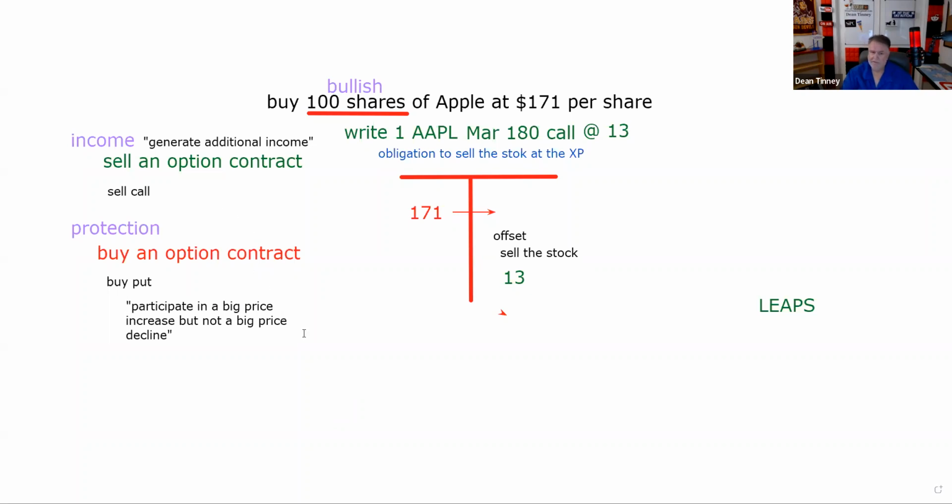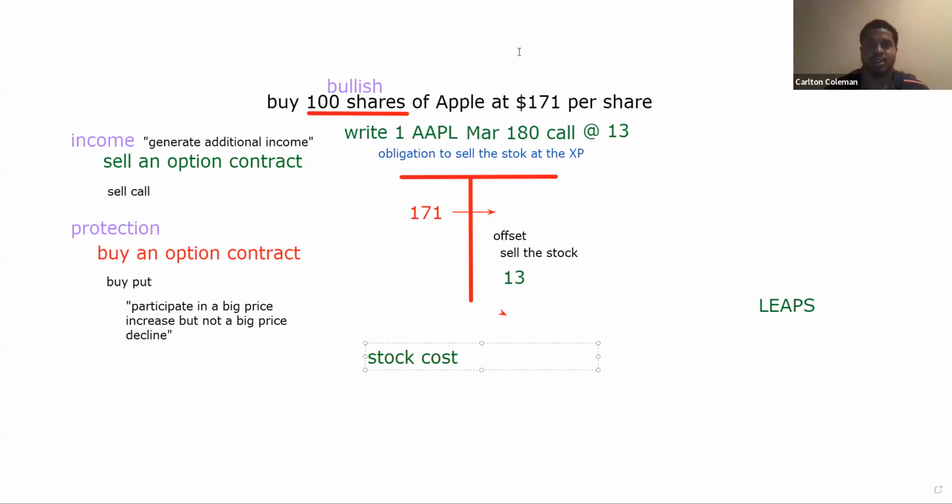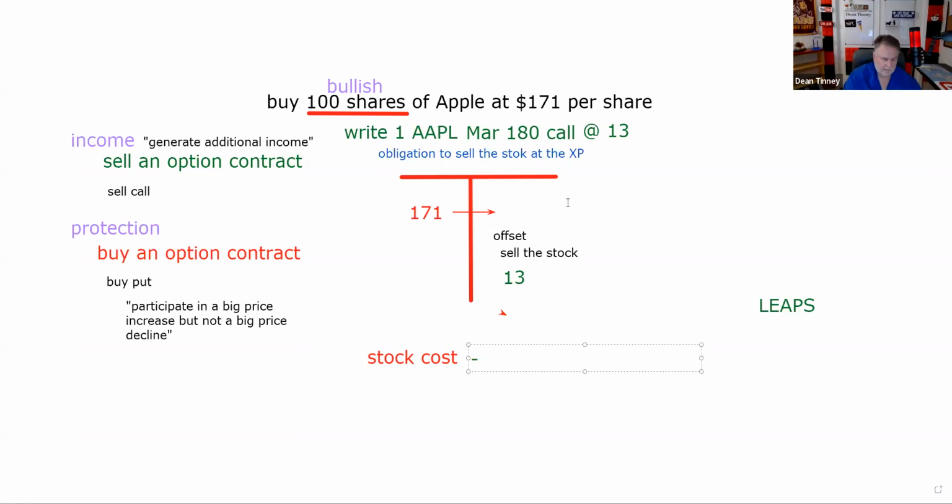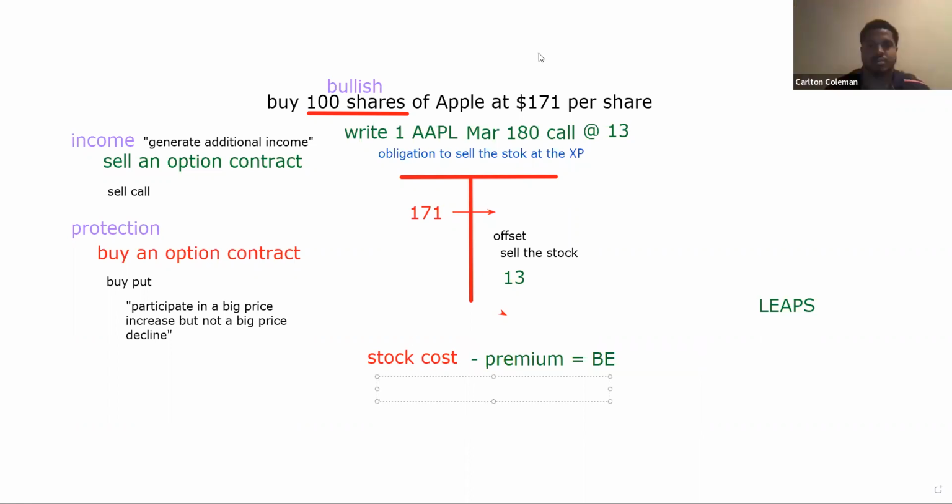The way we get the break even here is we take the stock cost, what we paid for the stock, and subtract the premium, and that's going to equal our break even. So we are lowering our out-of-pocket cost from 171, because that's what we paid for the stock.